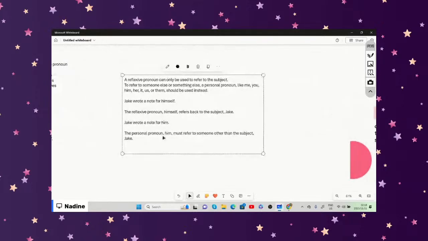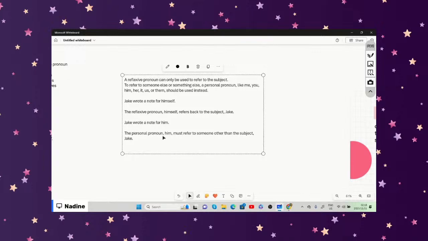So here are some more examples on reflexive pronouns. Reflexive pronouns are words like herself, himself, itself, yourself. And in plural form, for example, ourselves, themselves.